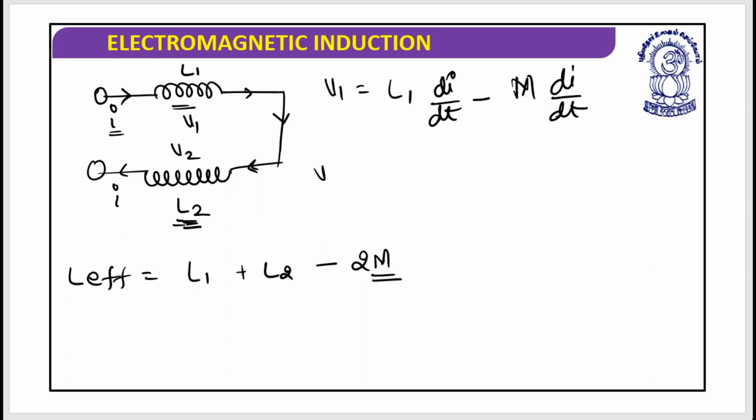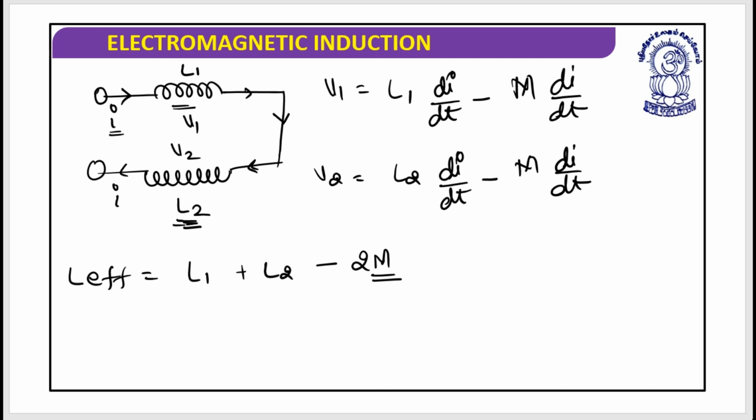In the same way, V2 is L2 di/dt minus M di/dt. So when current passes through them in opposite directions, their mutual inductance will oppose their self inductance. Please do remember this. Have you got this?